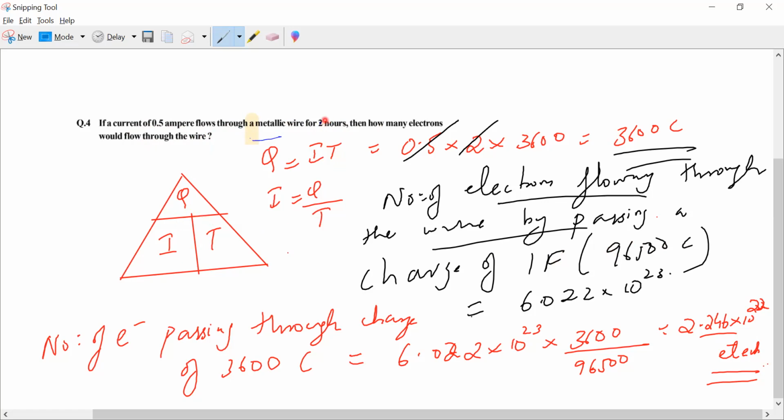Time is given as 2 hours. 1 hour is 60 minutes, 1 minute is 60 seconds, so I multiplied 2 into 3,600. So 3,600 coulombs. Then the number of electrons flowing through the wire by passing a charge of 1 Faraday is the Avogadro number. So passing a charge of 3,600 coulomb is Avogadro number into 3,600 by 96,500. We'll get the answer.